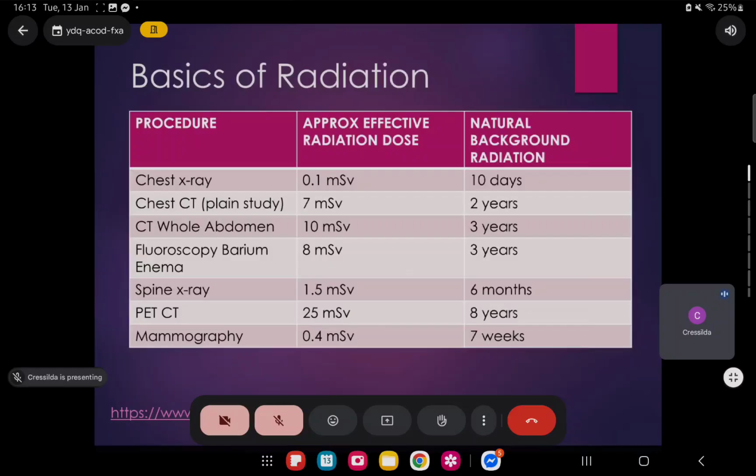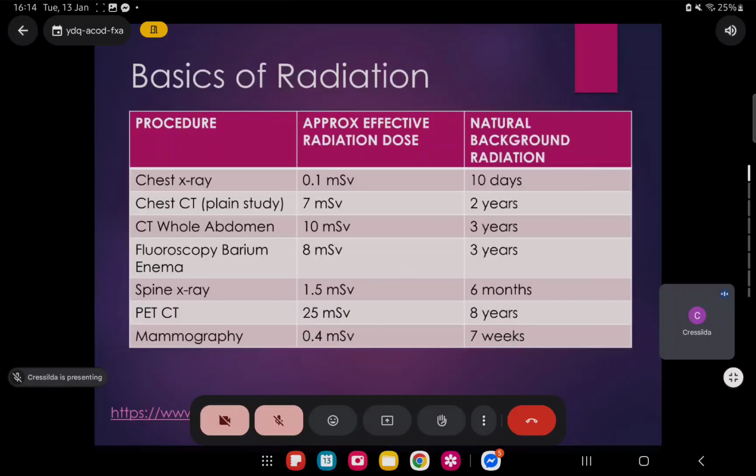In order for our patients to understand, when you have one chest X-ray, the approximate effective radiation dose is 0.1 millisieverts. But when you say that, they wouldn't understand in layman's terms what that means. It means that 0.1 millisieverts is the equivalent of 10 days for a regular person walking around exposed to natural background radiation.